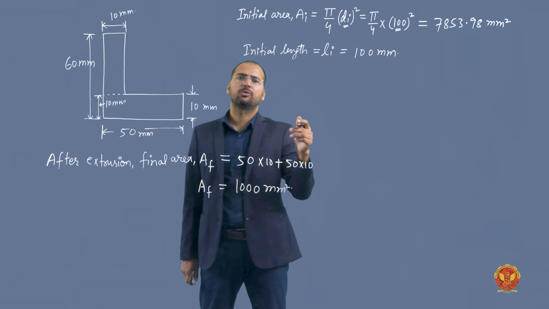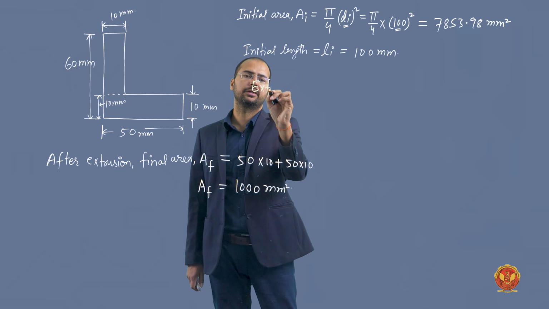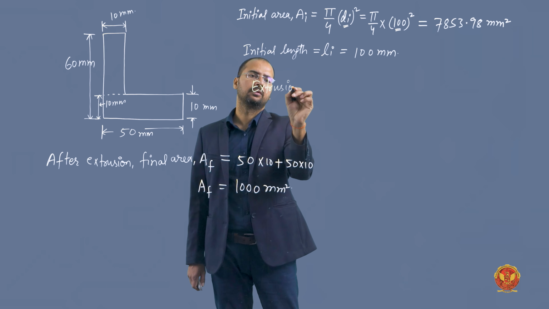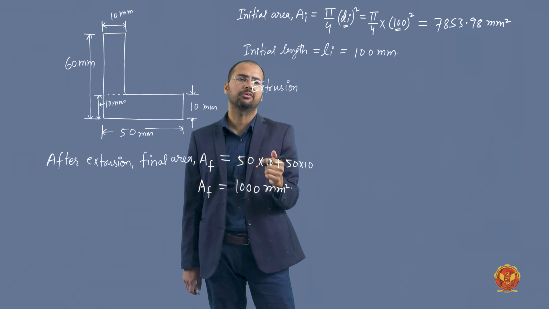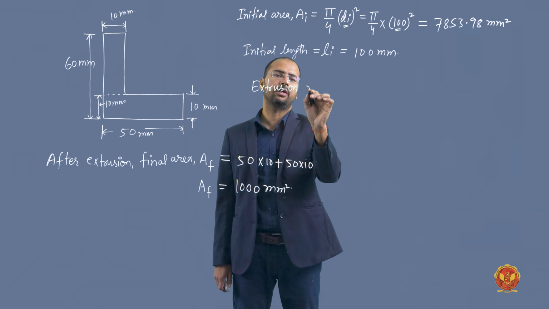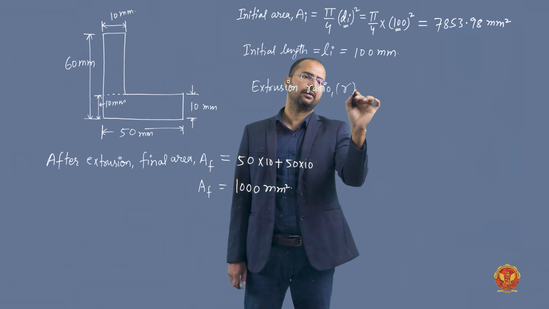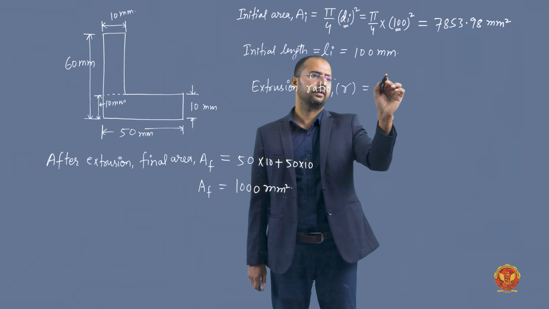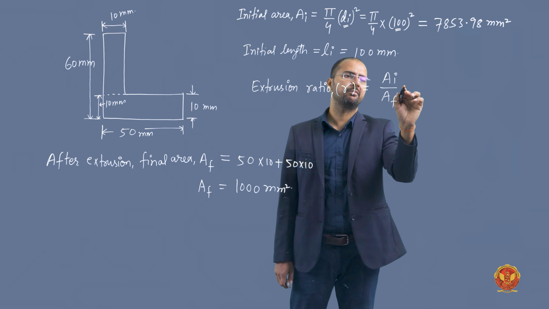So here we will find out the extrusion ratio, because at the end we need the maximum force required at the start of extrusion. Extrusion ratio stands as R. R is AI by AF, initial area divided by final area.